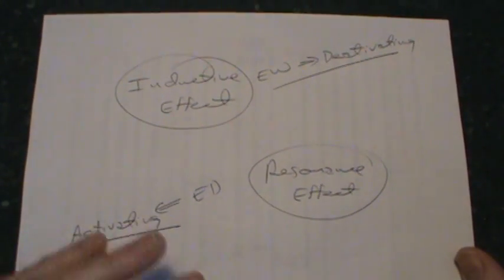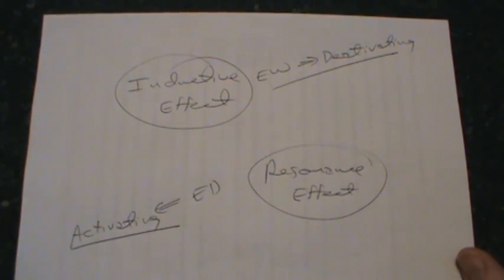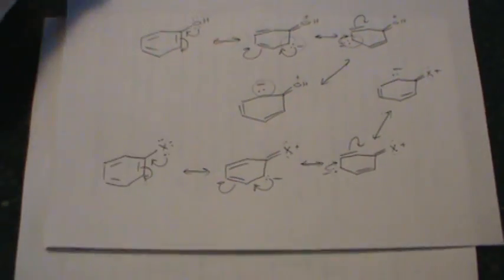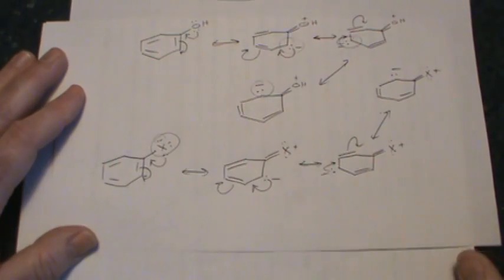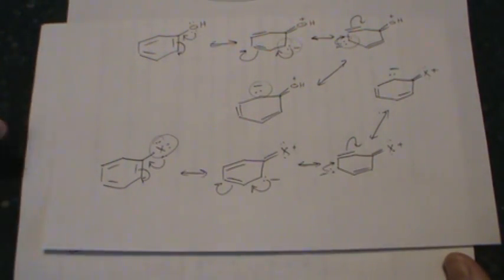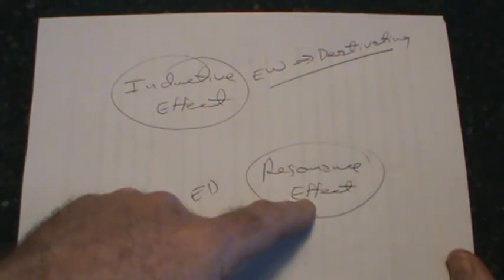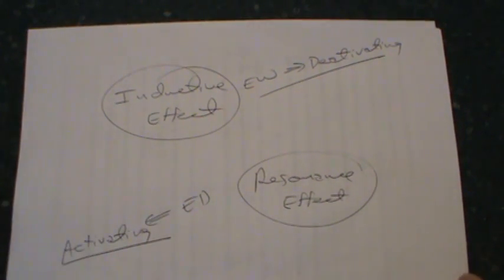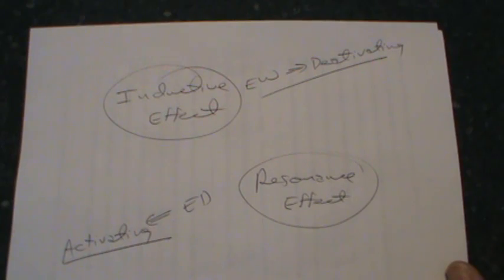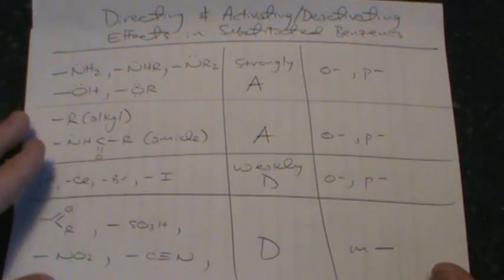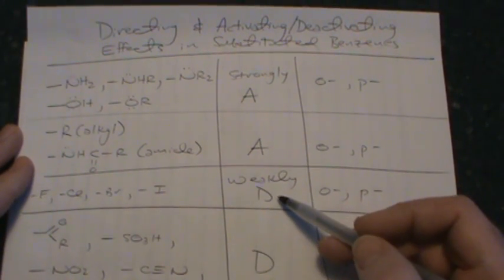It's true for every single substituent we'll encounter except the halogens. It turns out that the halogens, being so electronegative, are the only functional group in which the inductive effects trump resonance effects. And even in the case of the halogens, it's not a big trump. In other words, the inductive effects don't win out by very much. The halogens are weakly deactivating.